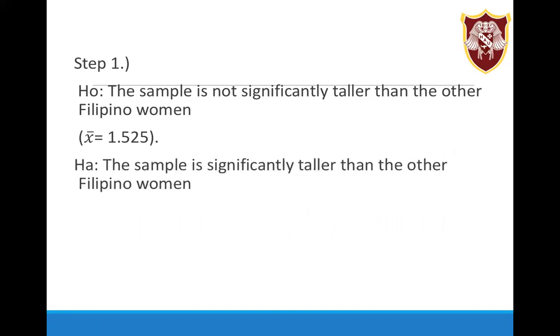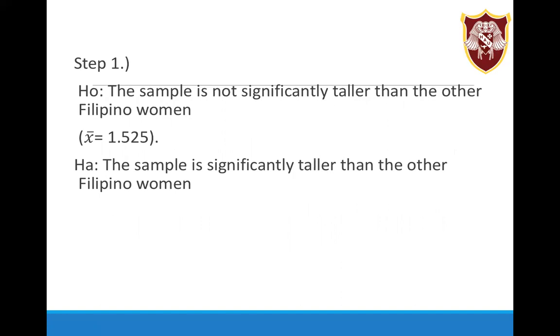And then for our alternative hypothesis, based on the problem, we are asked if the sample is significantly taller. That's where our alternative will be based. So the sample is significantly taller than the other Filipino women.